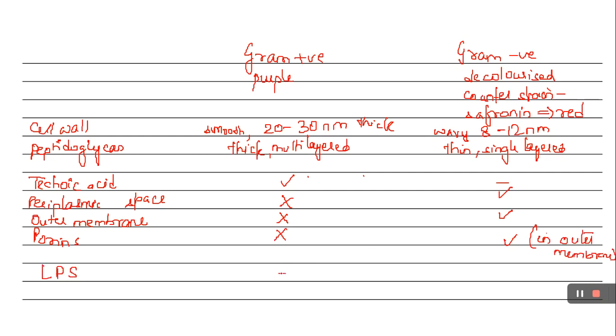It is not there in gram positive, but it is very high in gram negative bacteria. Then another organelle, the mesosome, which is the infolding of the cell wall, is prominent in gram positive bacteria but not prominent in gram negative bacteria.